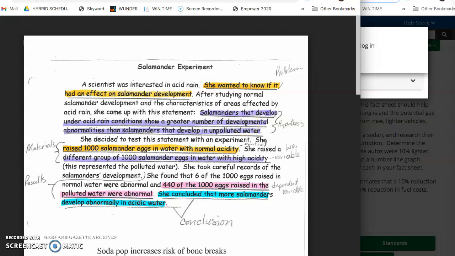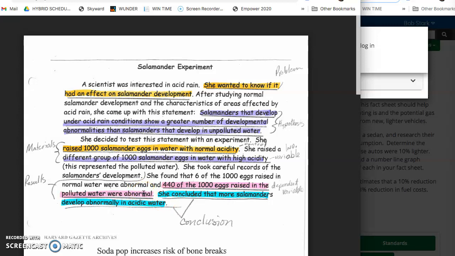Our experiment was to raise two groups of salamanders, 1,000 salamander eggs, one in normal water, one in acid water. Our data was 6 of the eggs raised in normal water were abnormal, and then 440 of the 1,000 eggs raised in the polluted water were abnormal.